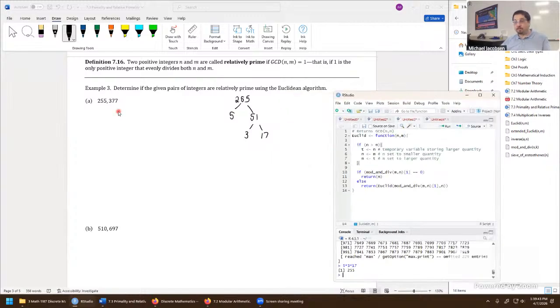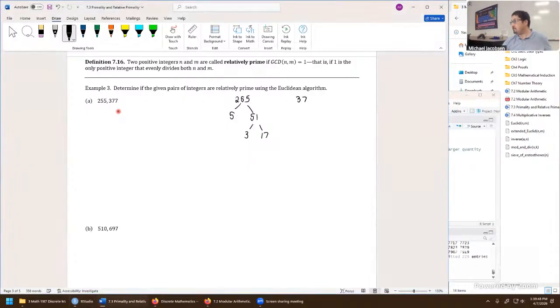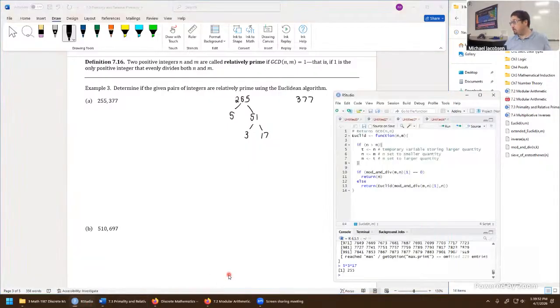Then when we go to look at the 377, well, something's got to divide this, or it's a prime number. You know, we could look into C, 377, it's not on the list. So 377's composite, something will divide it. 2 doesn't divide. 3 doesn't divide. 377 divided by 3 gives us a non-integer value.